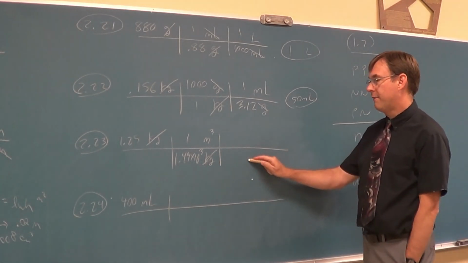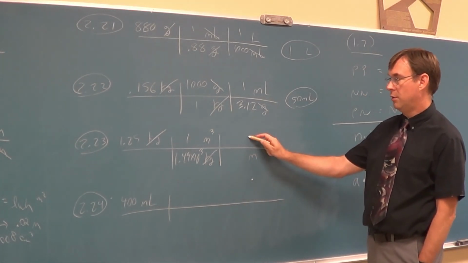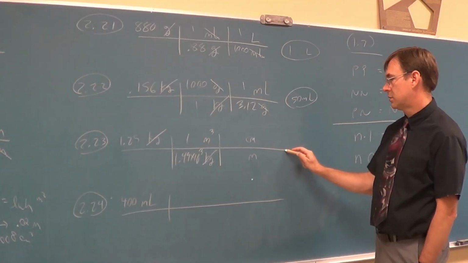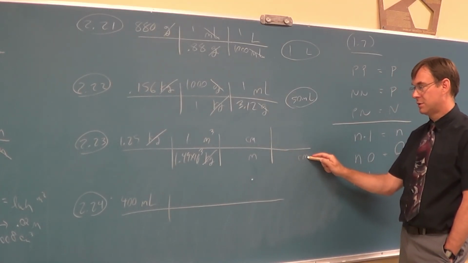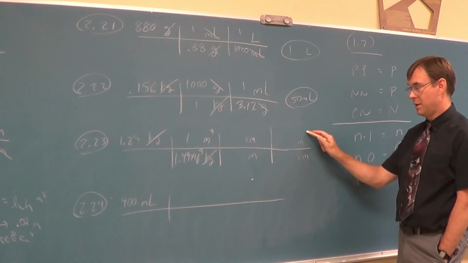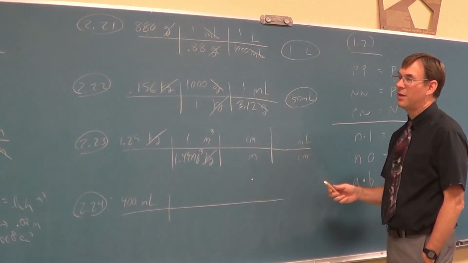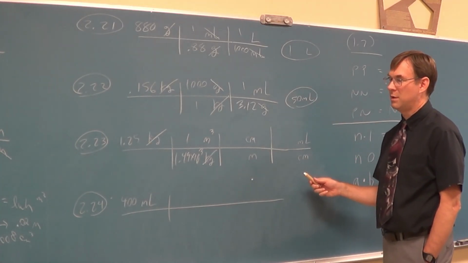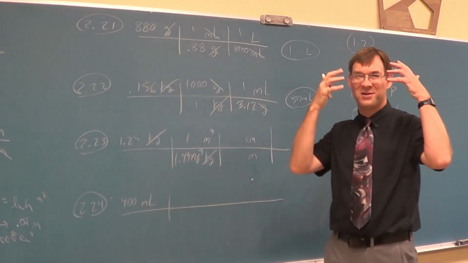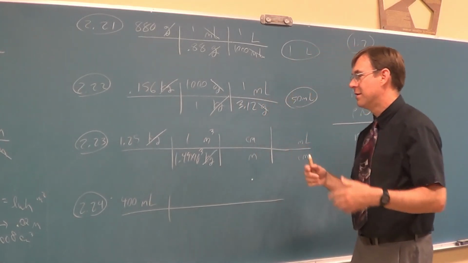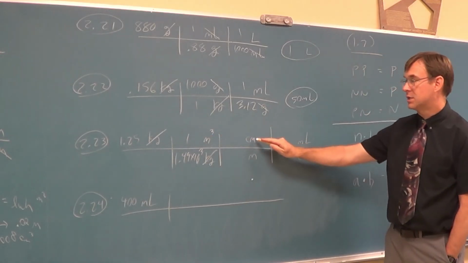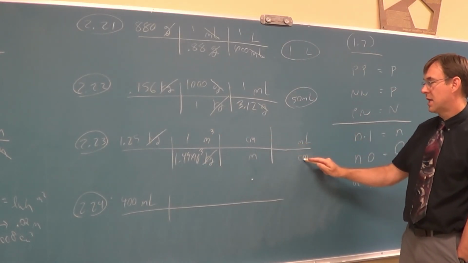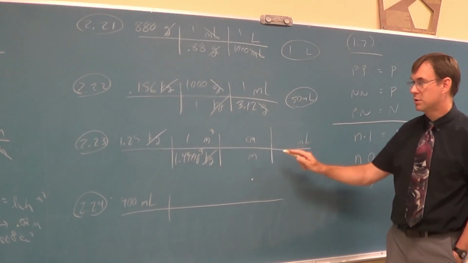So we need to get from meters to centimeters so that we can eventually get from centimeters to milliliters. Now our structure is getting a little longer, and now maybe you see the value in this, because to run this all in your head, you're going to get lost in your internal conversations at times. So meters can get you to centimeters, centimeters can get you to milliliters.